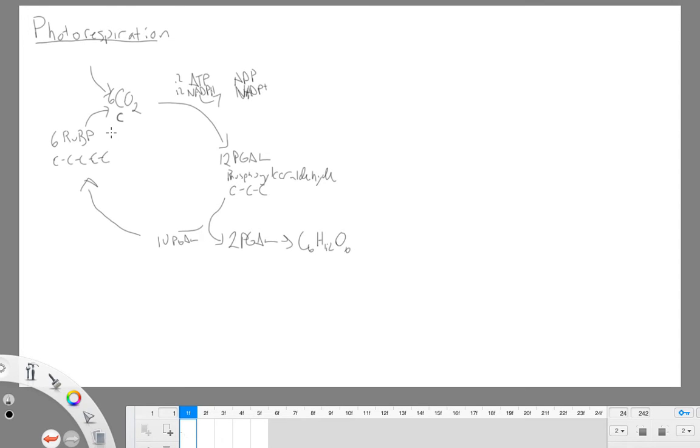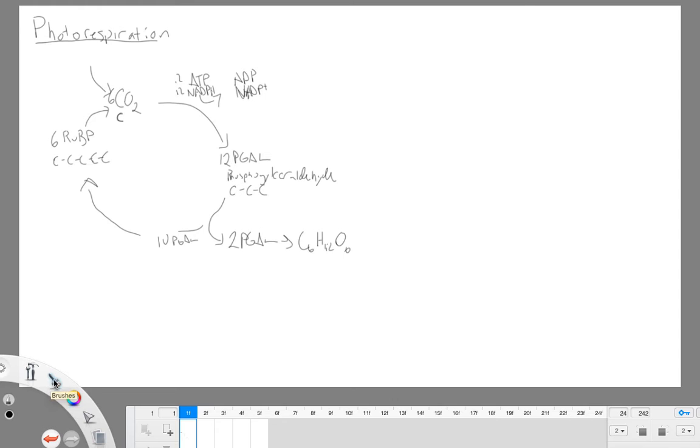So this was a simplified Calvin cycle, because there are actually several intermediary steps to get to this PGAL. And we're not going to go through all of them, but I do want to mention one because it's fairly important when we talk about photorespiration.